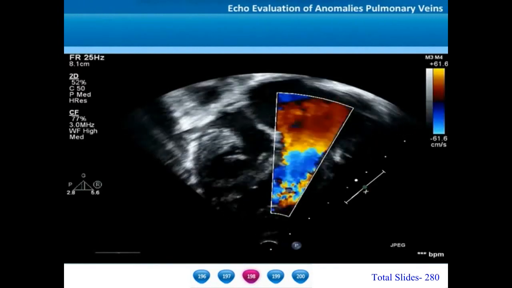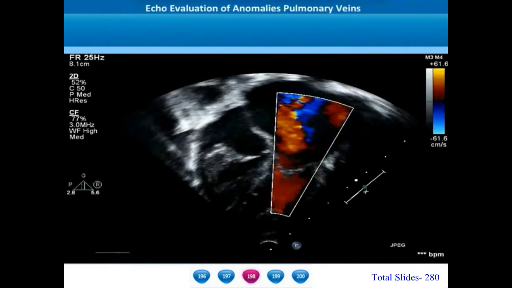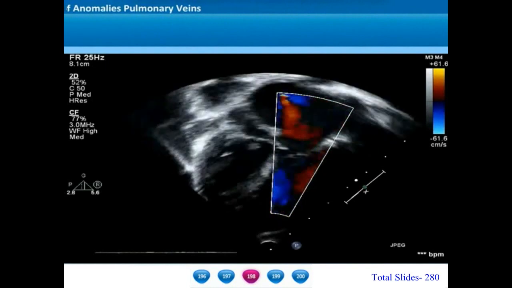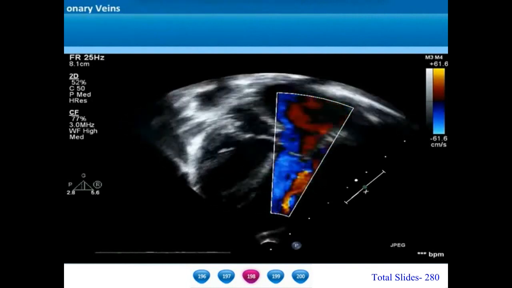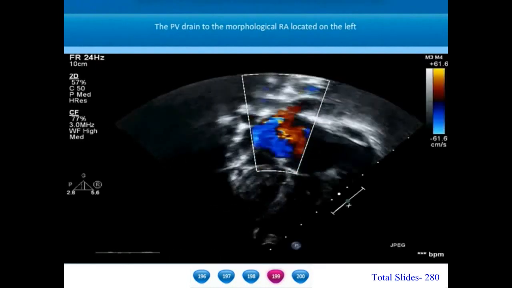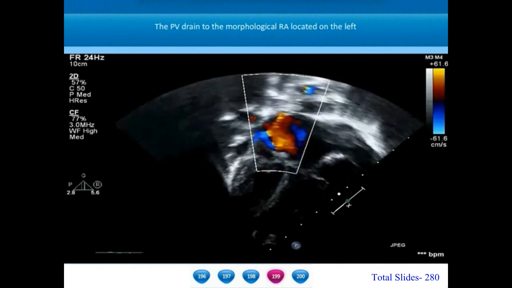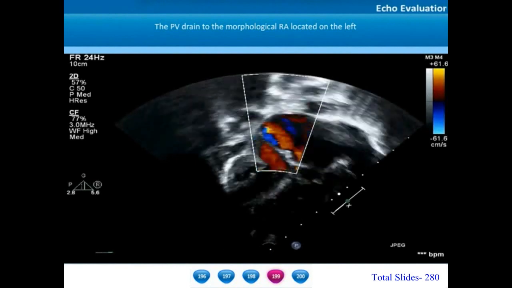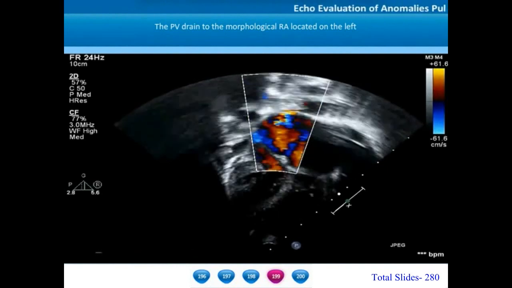The morphological right atrium and right ventricle are significantly dilated, and the left atrium and left ventricle are much smaller. We can appreciate all the pulmonary veins converging onto the morphological right atrium on its posterior wall in this apical view.